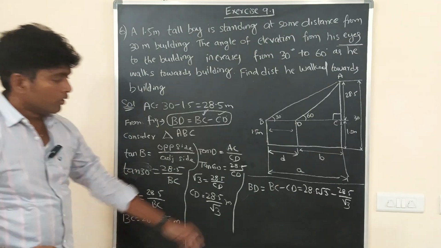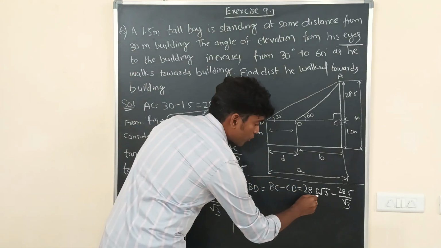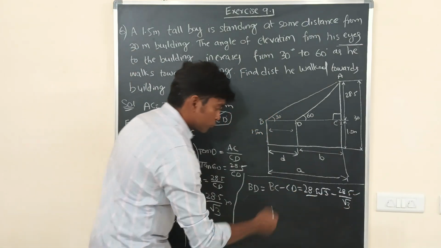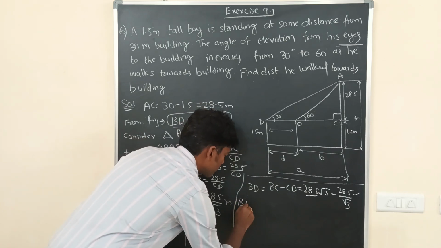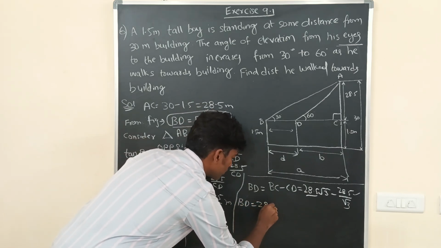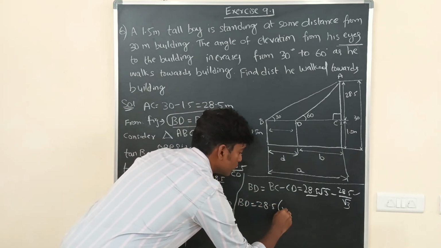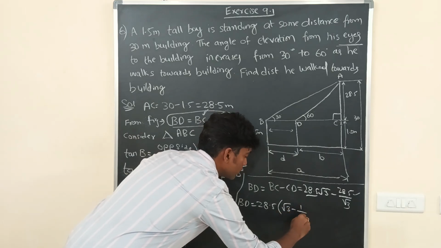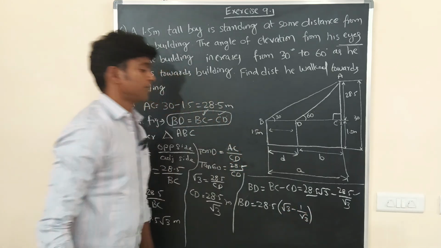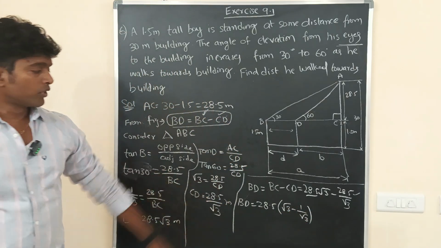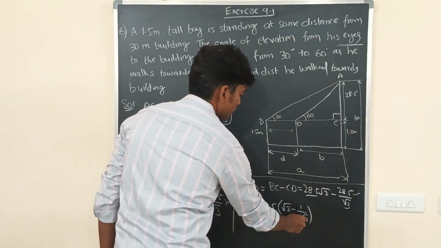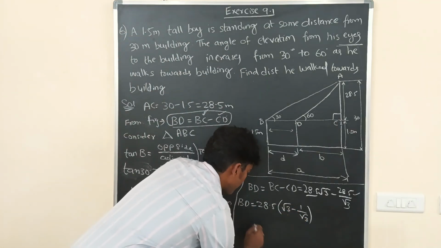Okay. Observe this one. 28.5 and 28.5 are there. So common. Both are same, no? So 28.5 into root 3 minus 1 by root 3. What do you get now? Simplify in the bracket.